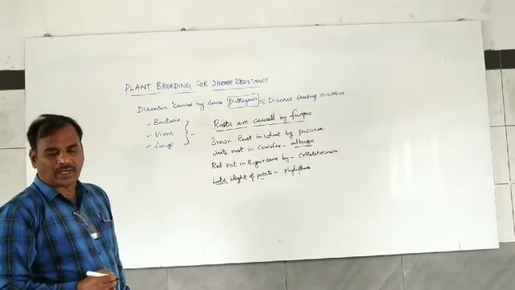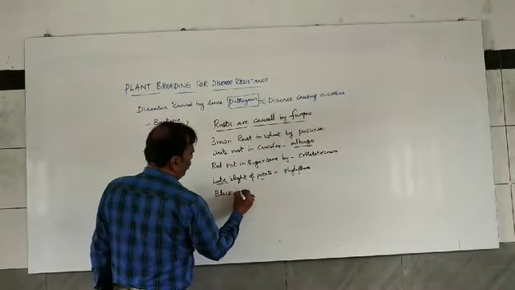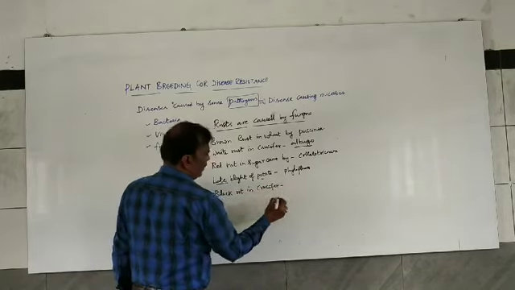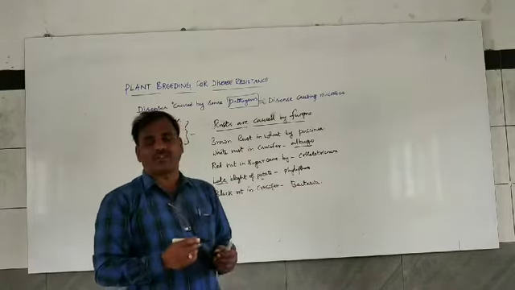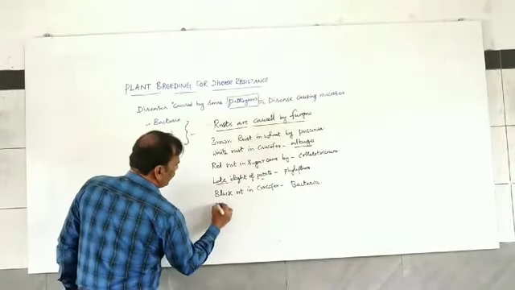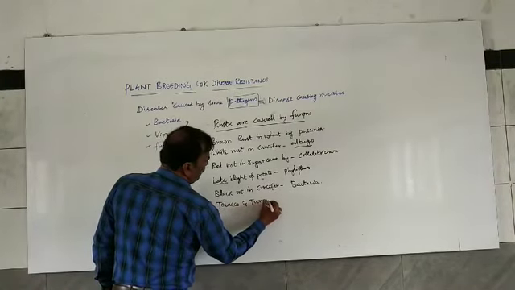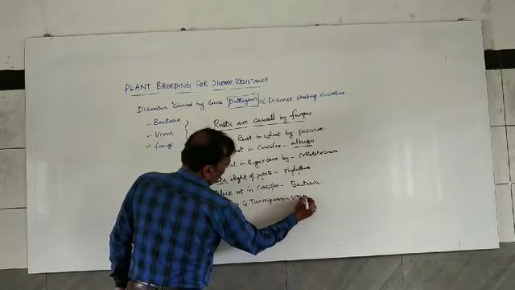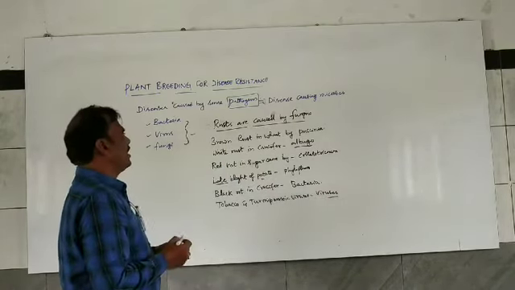Black rot in crucifers is caused by bacteria. Tobacco and turnip mosaic viruses are caused by viruses. So these are some diseases caused by pathogens.